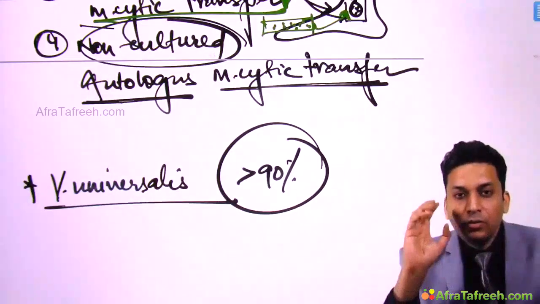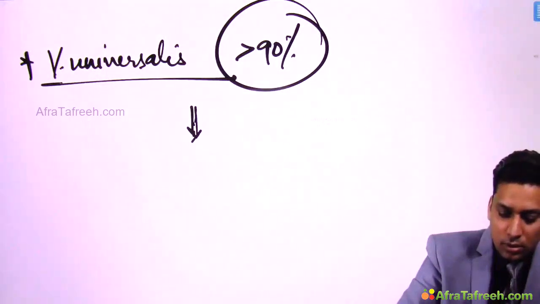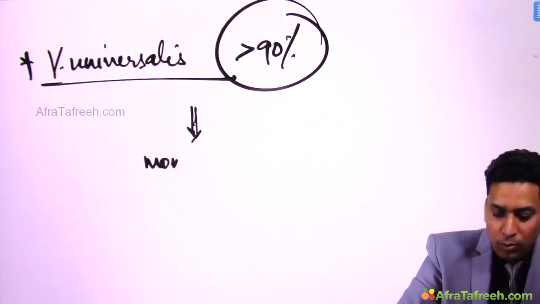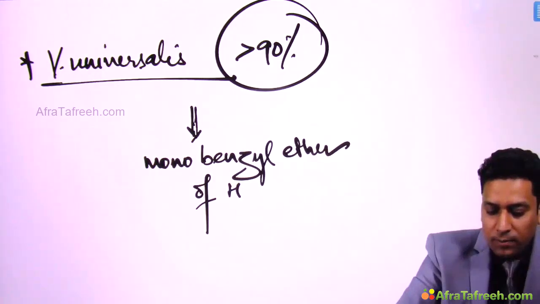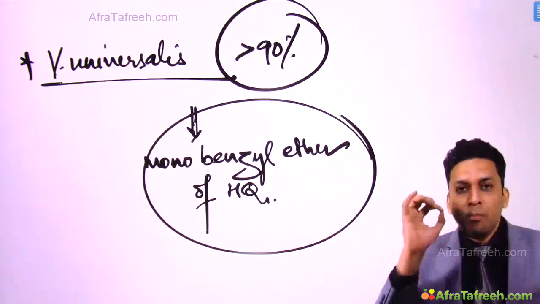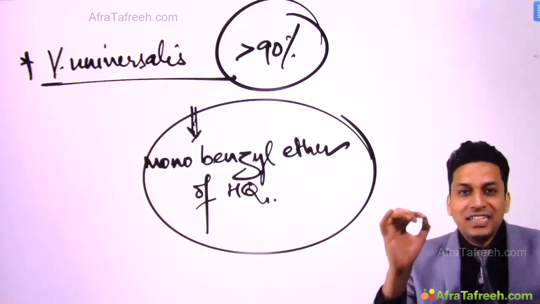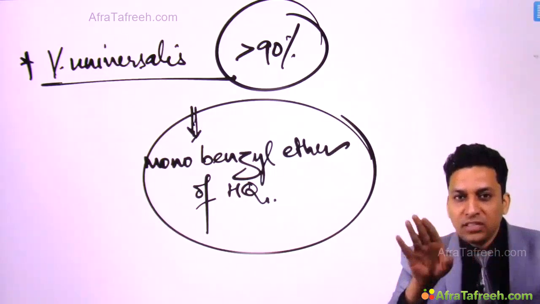So here what we use is monobenzyl ether of hydroquinone. If you recall, I told you monobenzyl ether of hydroquinone is the most potent depigmenting agent. Wherever it comes in contact with the skin, that portion of the skin becomes white.